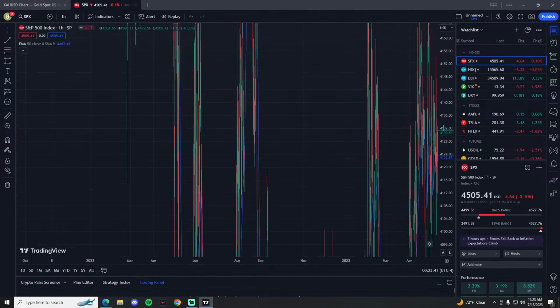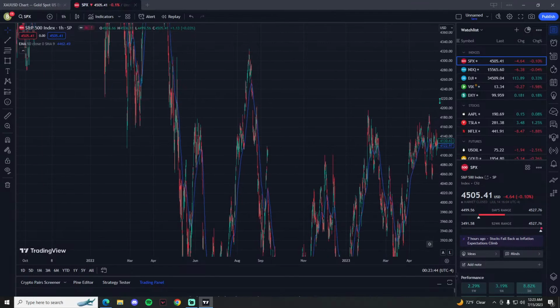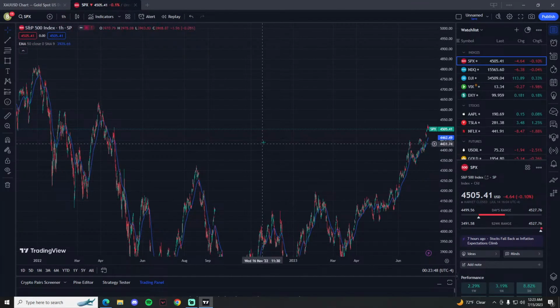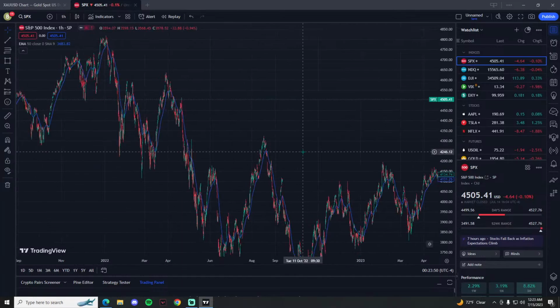Indices. Hold on, let me check to see if MetaTrader has indices real quick. Like SPY. I think SPY's an index.